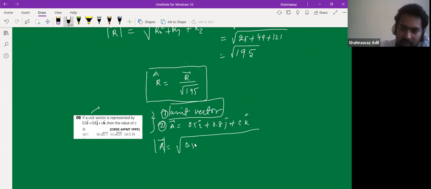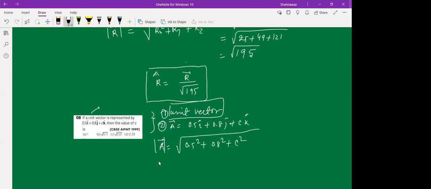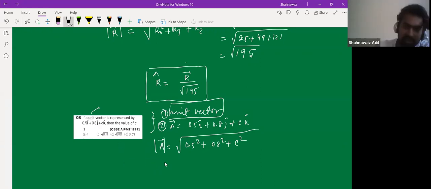It is the square root of 0.5 square plus 0.8 square plus c square, and the left hand side is 1.